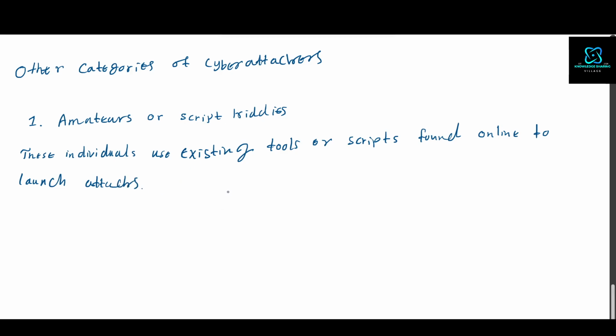This type of attacker doesn't have much knowledge. There are a lot of tools that can be used for attacks, and they know how to use those tools, but they don't know how the tools work. They just know how to use them. Therefore, they are called amateurs or script kiddies.